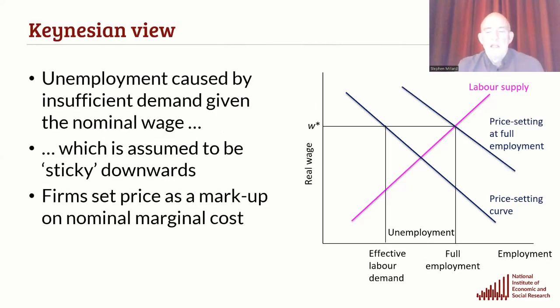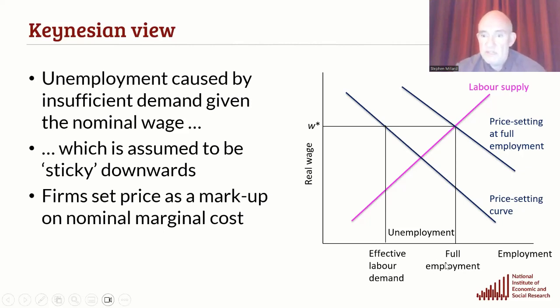So Keynes challenged this idea. He started with, okay, here is the wage, and he was thinking nominal wages. Given that wage and the amount of demand in the economy, and the amount of demand in the economy affects this blue line, then we have this amount of labor that's effectively demanded.